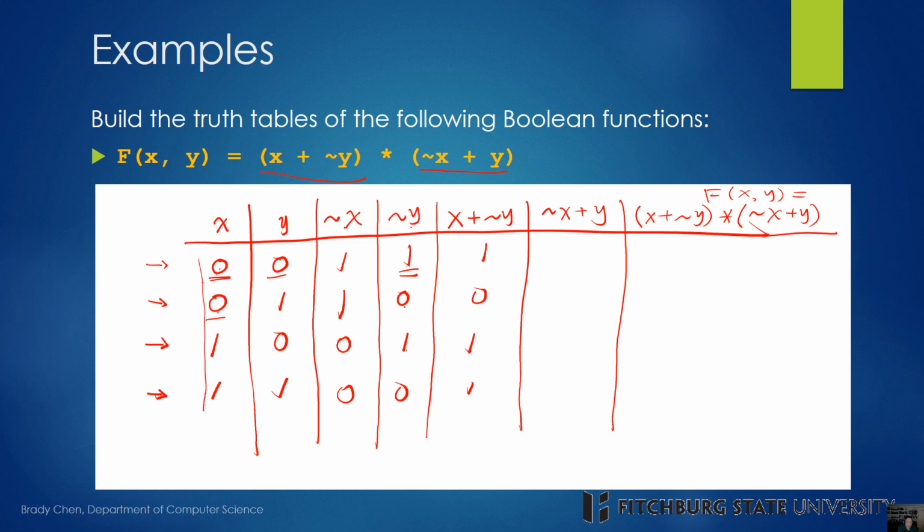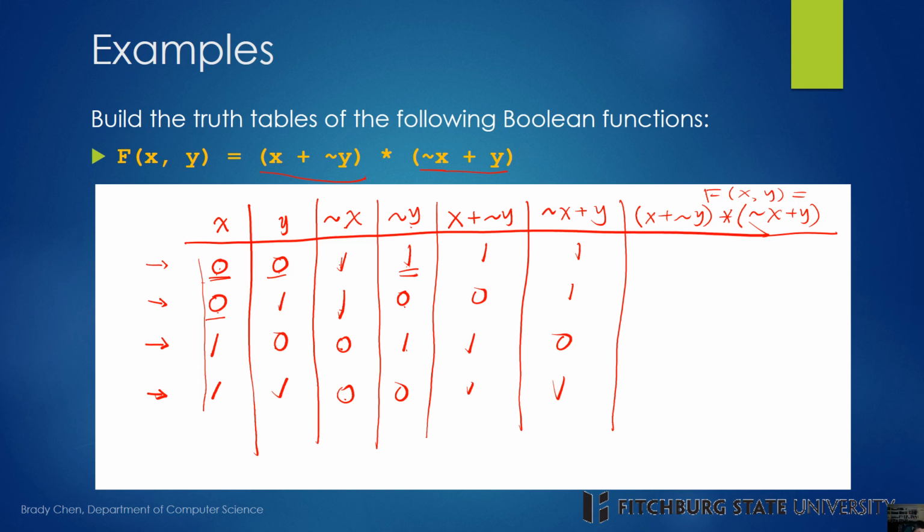Okay. Now let's take a look at the other expression. Tilde x plus y. You have tilde x, which is 1, y is 0, and this is the OR operation, so you get a 1. Tilde x is 1, y is 1, so you get a 1. Tilde x is 0, y is 0, so you get a 0. Tilde x is 0, y is 1, so you get a 1, by the definition of the OR operation.